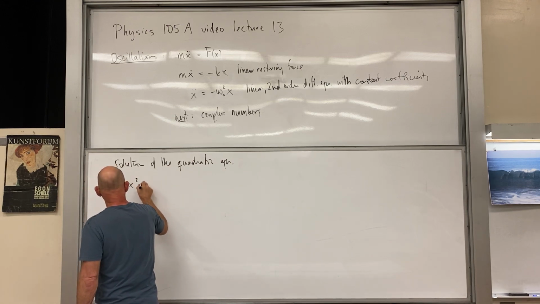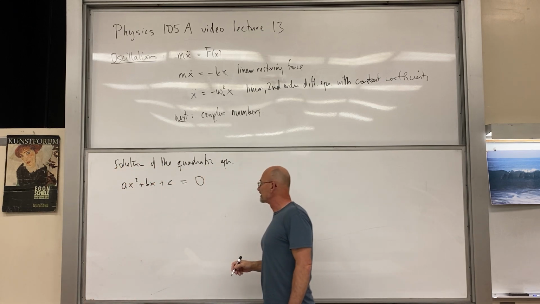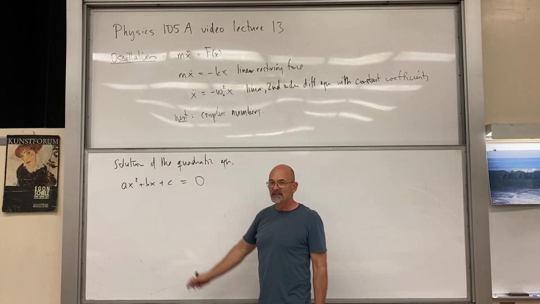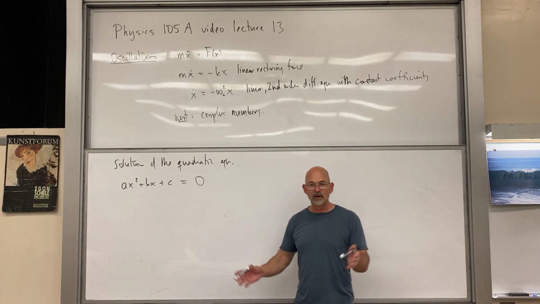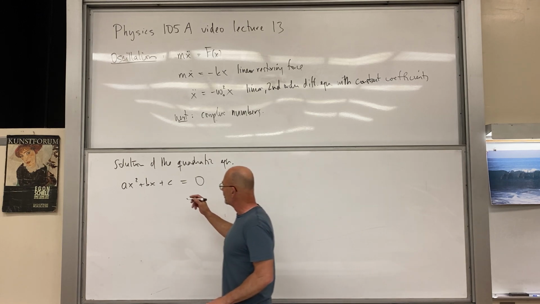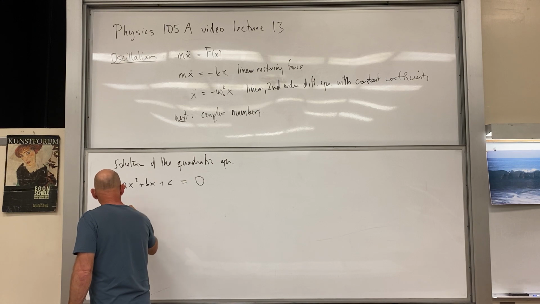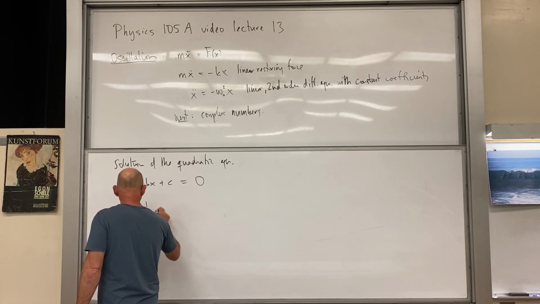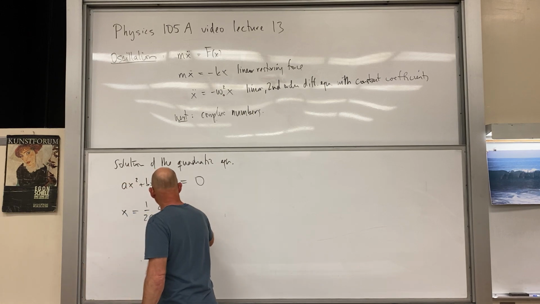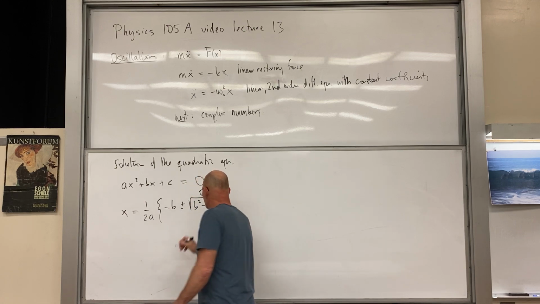We've got ax squared plus bx plus c is equal to 0. Everything's real. In particular, a, b, and c are real. Because that's all we know yet, right? We don't know the complex numbers yet. But we come to discover that we can solve this equation, and the solutions look like this: 1 over 2a, negative b plus or minus the square root of b squared minus 4ac.